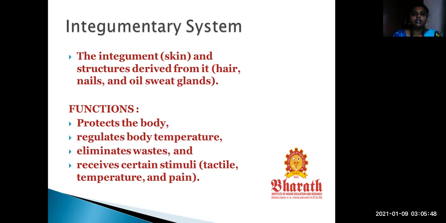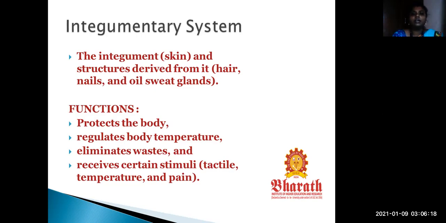So its functions are to protect the body, regulate body temperature, eliminate waste, and receive certain stimuli. Why are sweat glands produced? To maintain body temperature. If our body temperature rises and sweat is released, the body can maintain its normal range, right? In the same way, it eliminates excess waste material from our cells.